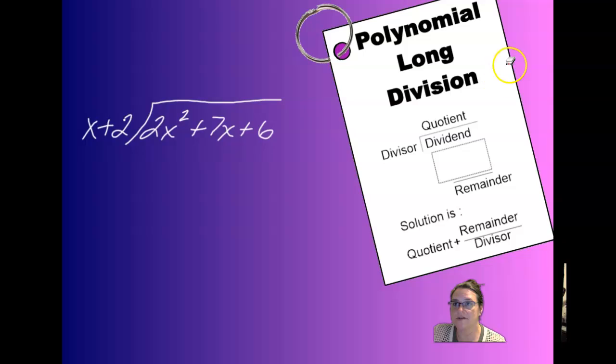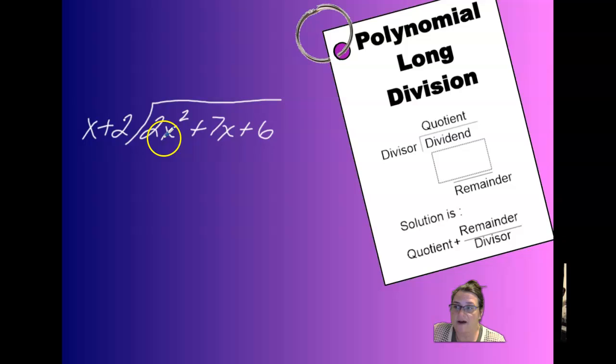So on the front of the notes booklet here we have polynomial long division, and the process, the algorithm, is very much the same as when we divide integers when we're dividing polynomials. So the value that we're going to divide into, the dividend, that's written underneath of the division symbol.